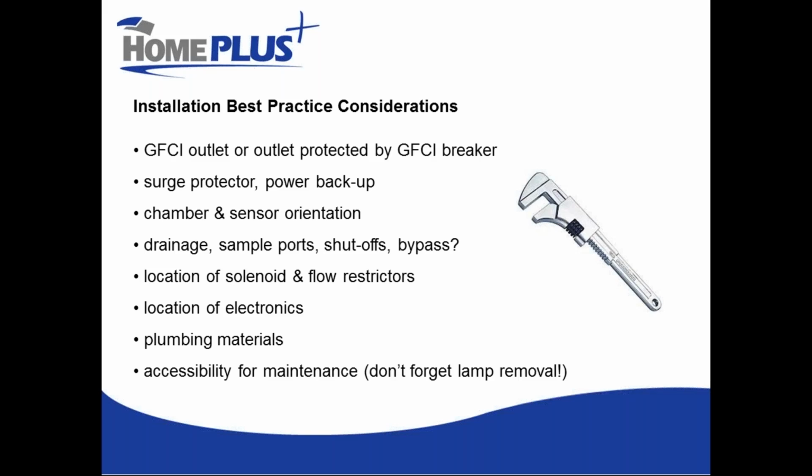Keep electronics out of areas where they're going to get wet. That seems obvious, but is very often not followed. Use good plumbing materials. Ensure that any materials that may be exposed to UV light on the inlet and outlet are resistant.